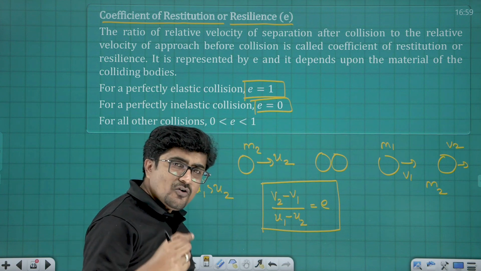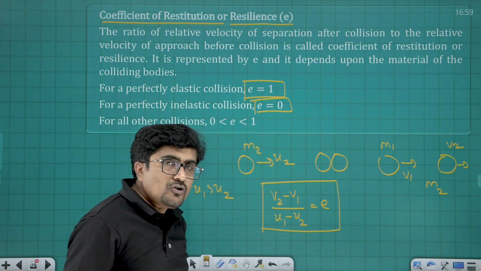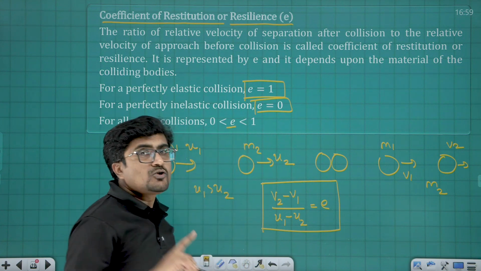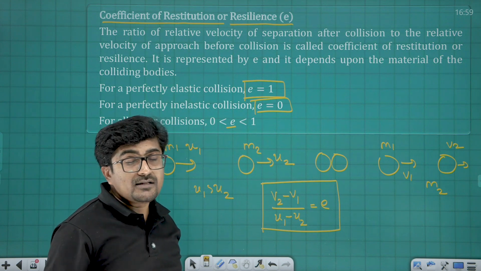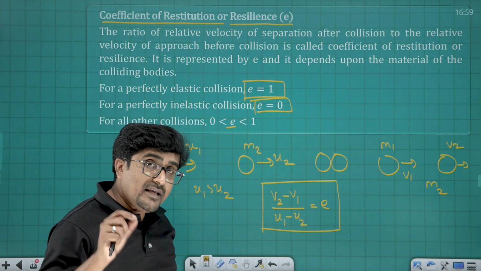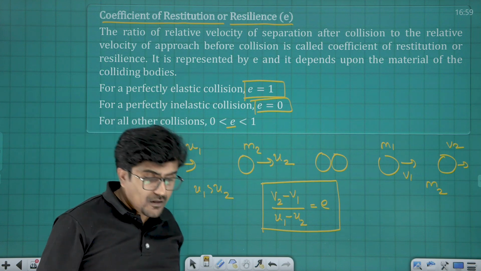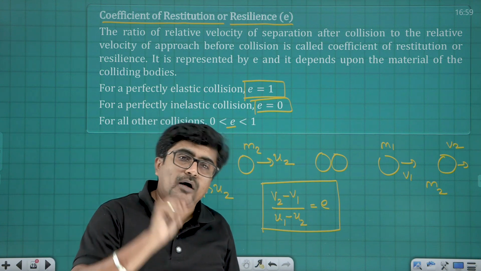In case of inelastic collision, the value of e is going to be greater than 0 and less than 1. Which means the maximum value of e is 1.